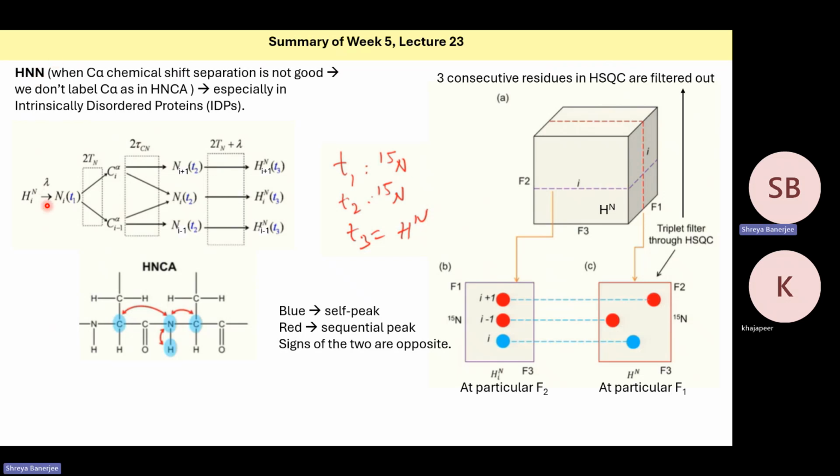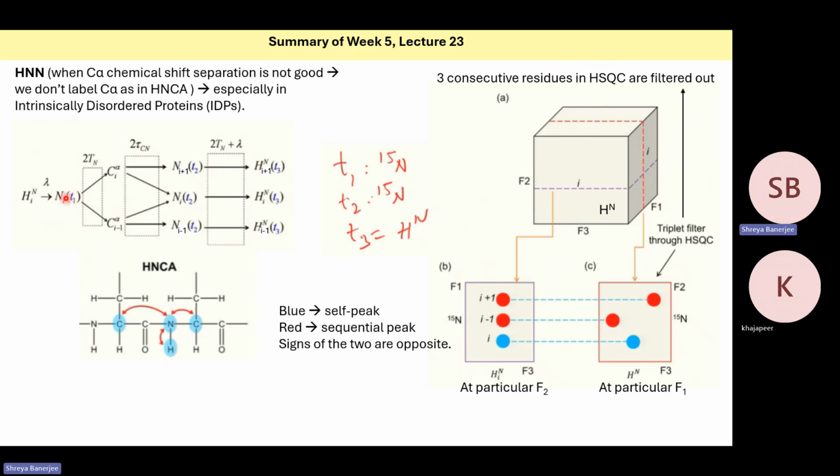In this experiment, it is similar to HNCA at the beginning. You begin with the amide hydrogen. From that, magnetization is transferred to the amide nitrogen, and the amide nitrogen is detected.